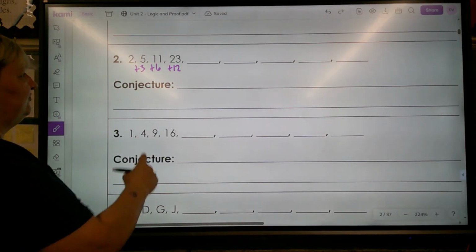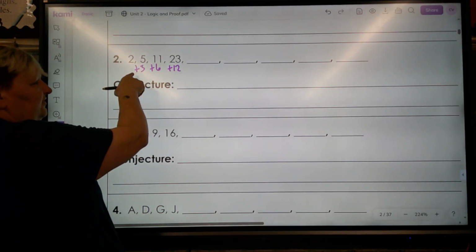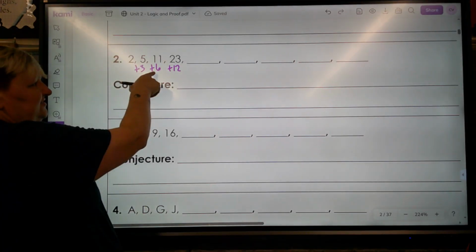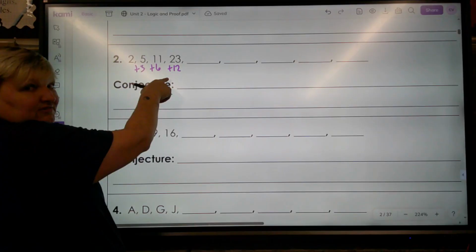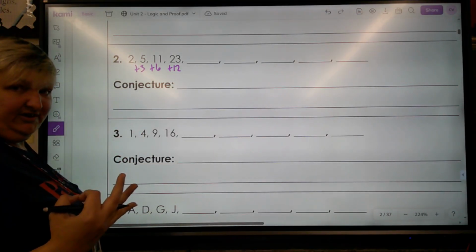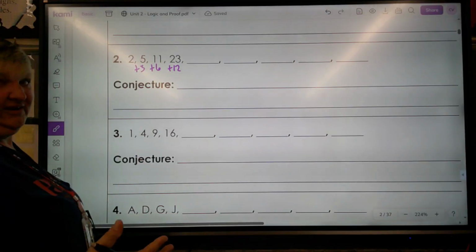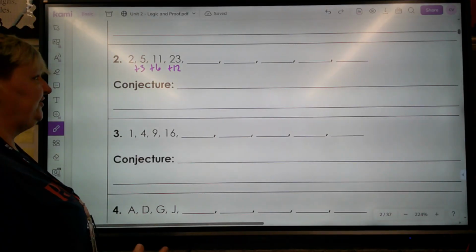Right? 3, 6, 12. 3 doubled is 6. 6 doubled is 12. So we're doubling. We started with 3. We started by adding 3, and then we doubled it every time. Let's see if we can continue that pattern.